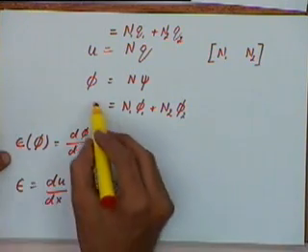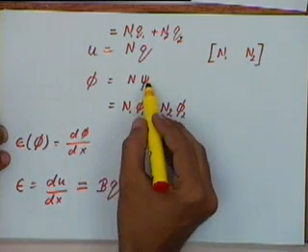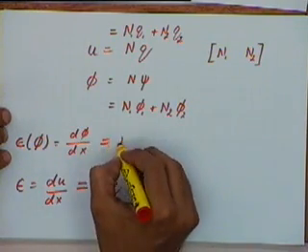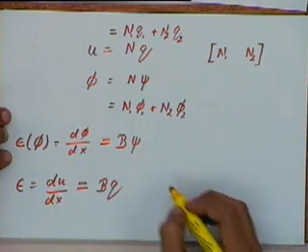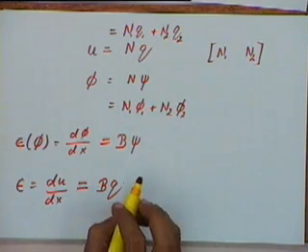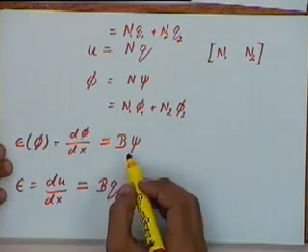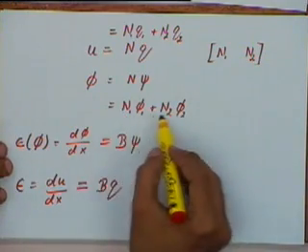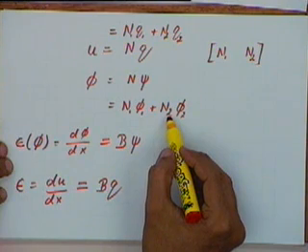Similarly, if I differentiate phi equal to n times psi, I will get this equal to b times psi. Okay, and this derivation is straightforward. All that I have to do is differentiate n1 and n2 with respect to x.